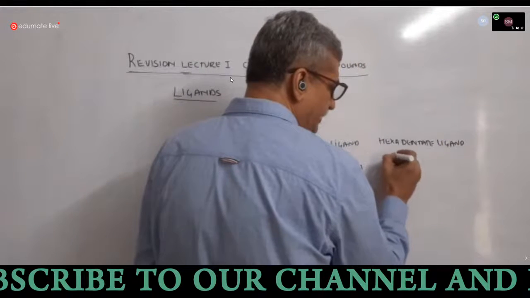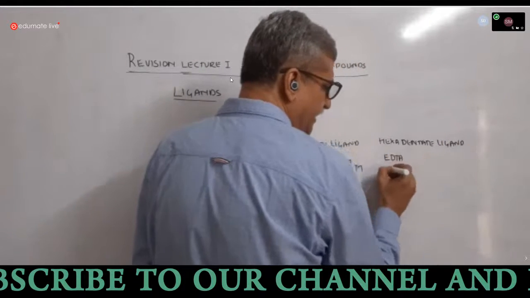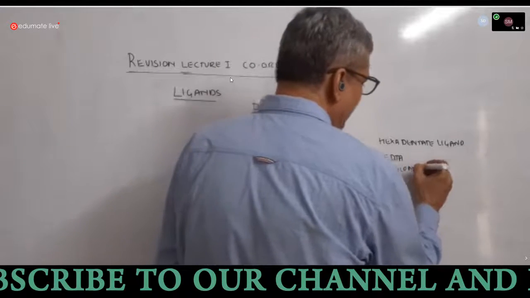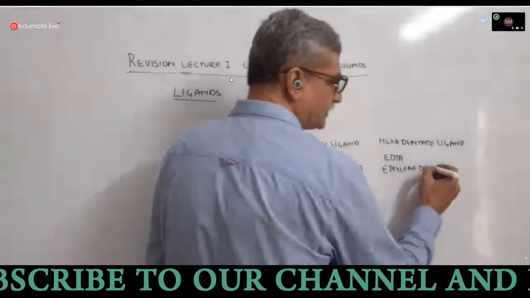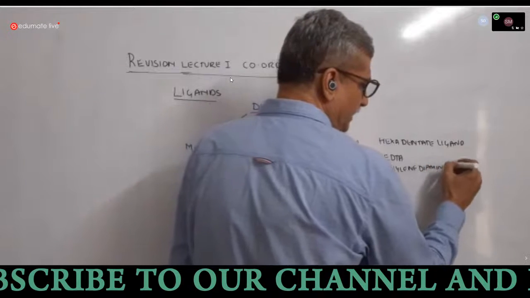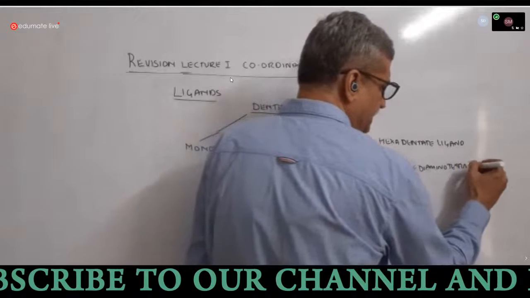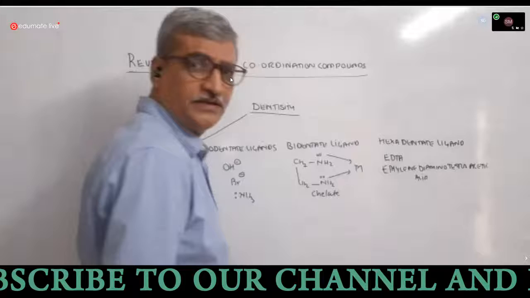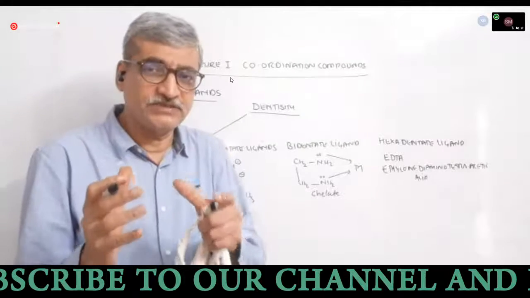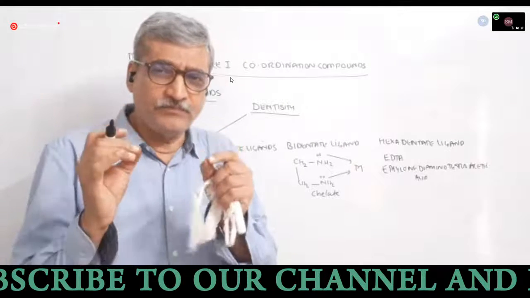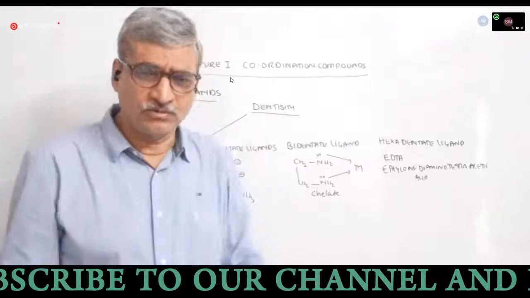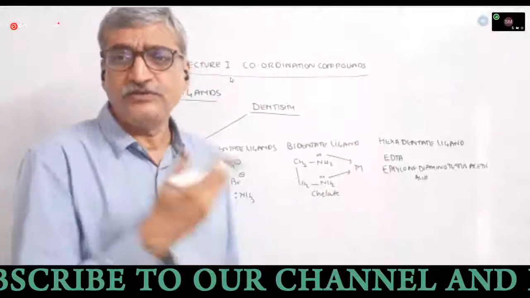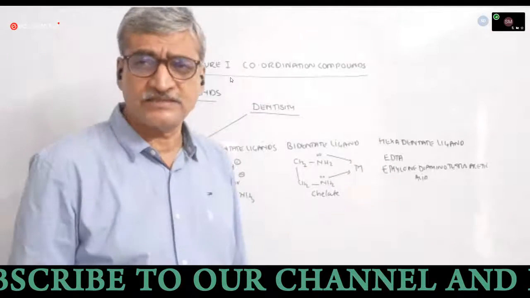The best example is EDTA, ethylenediamine tetraacetic acid. This is a strong chelating agent. There are six atoms which can donate one pair each to a single metal atom. It's clear. A very popular compound used in estimation of calcium and magnesium ions in water.